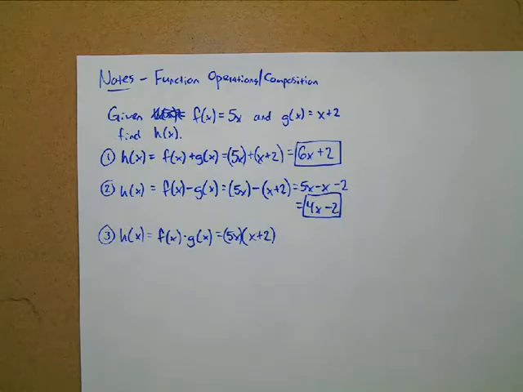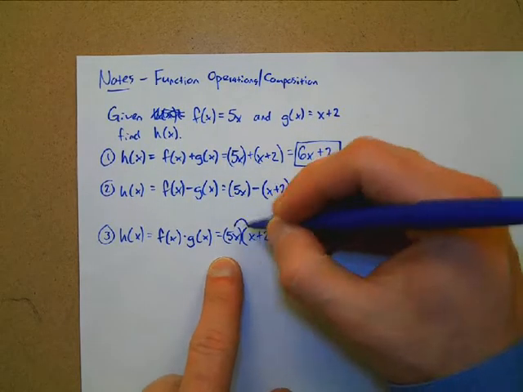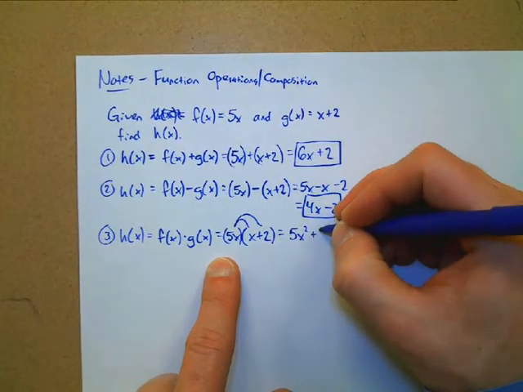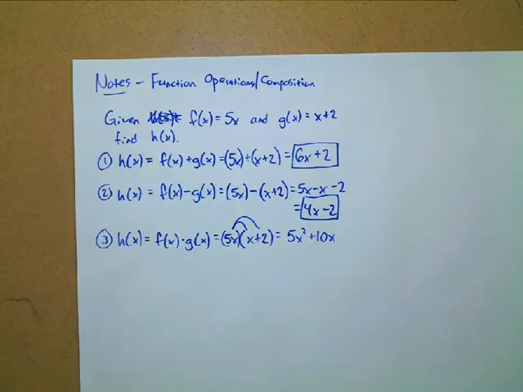How do we multiply this out? Distribute again. That's right. 5x times the x, 5x times the 2. So we get 5x squared plus 10x. And again, there are no more like terms to combine, so we're done with that.